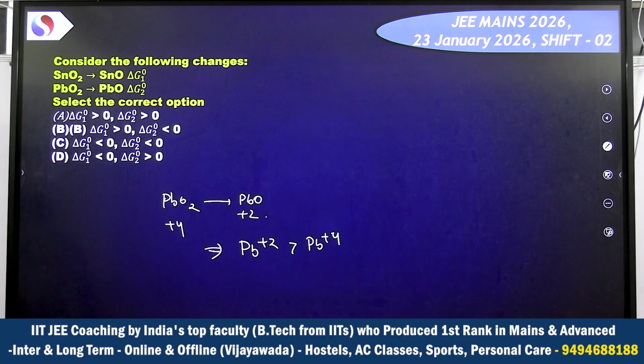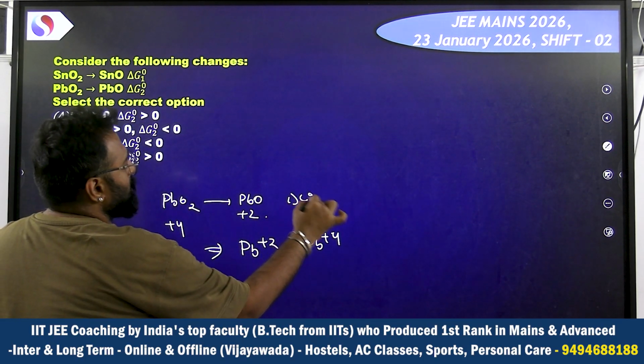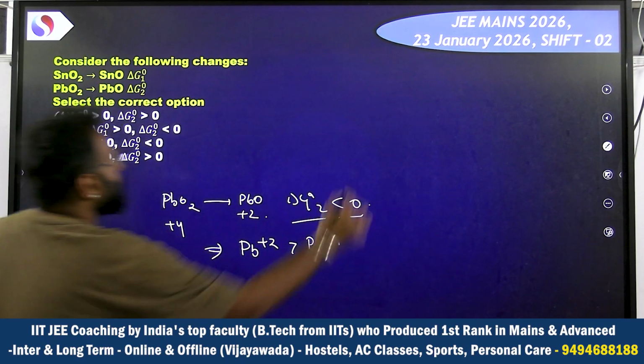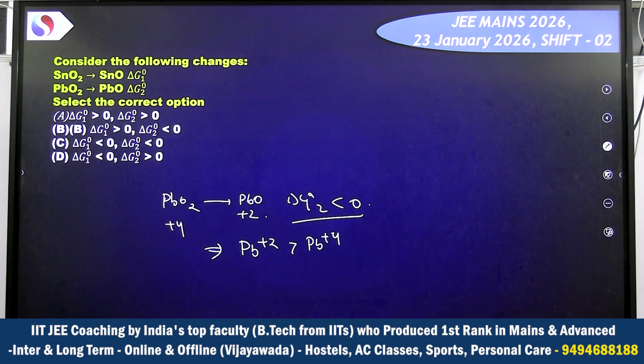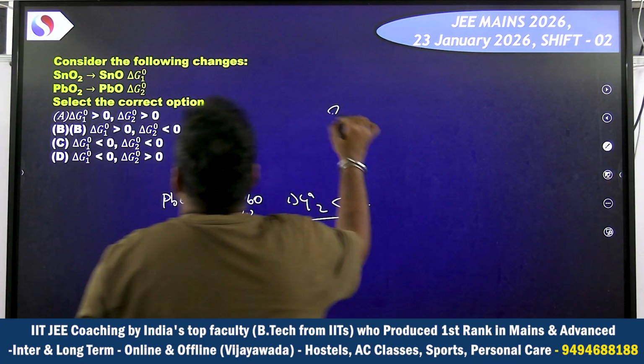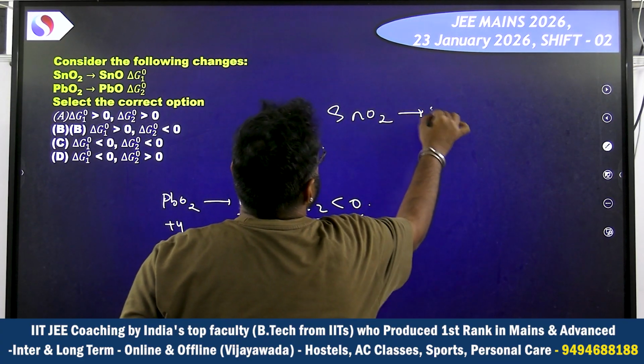So this reaction is a spontaneous reaction, and for a spontaneous reaction delta G2 should be less than 0. And what is the first reaction? SnO2 gives SnO.